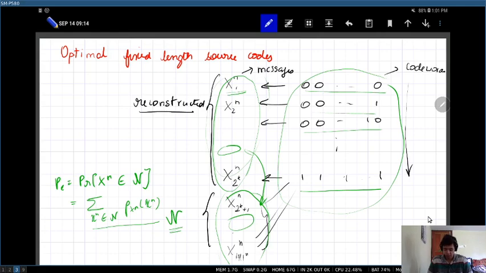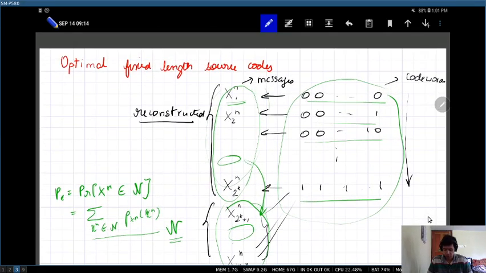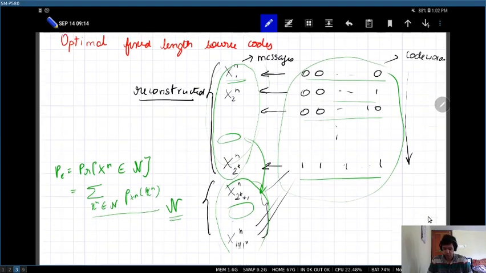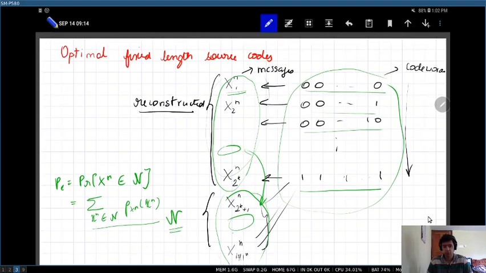So in the next sequence of videos, we'll see certain near optimal compression algorithms. First, we'll see some fixed length compression algorithms, which are not practical, but we'll see that we can quantify the performance in terms of the rate. We can say exactly what rate it achieves, and we'll also give the fundamental limits of the rate.